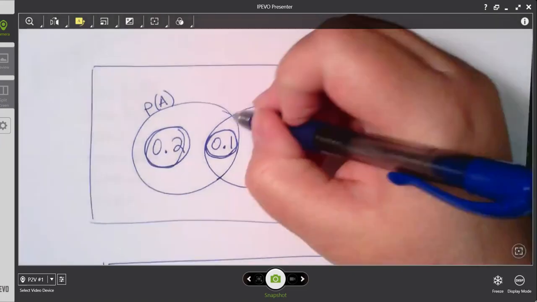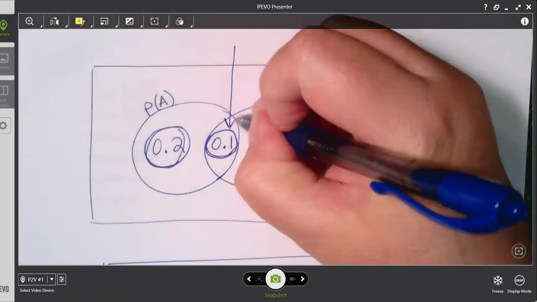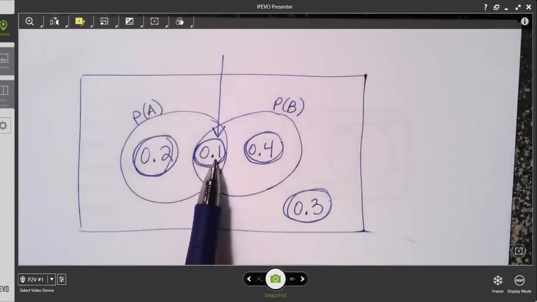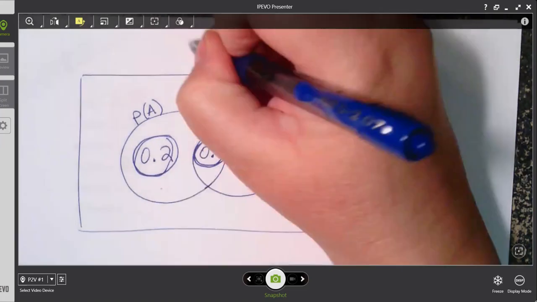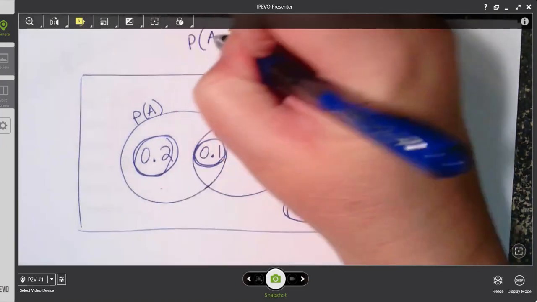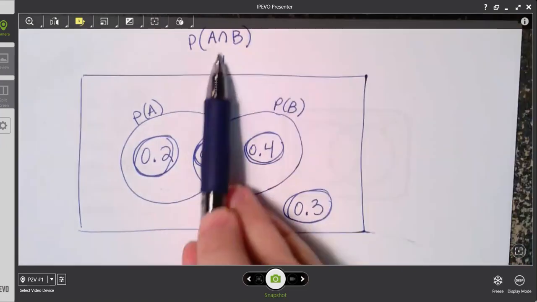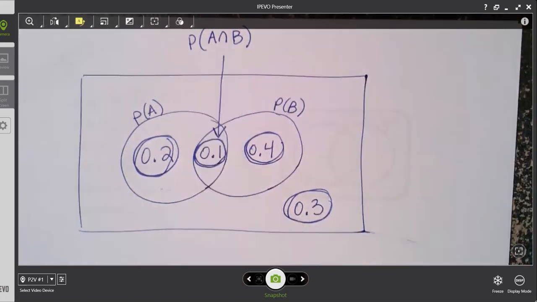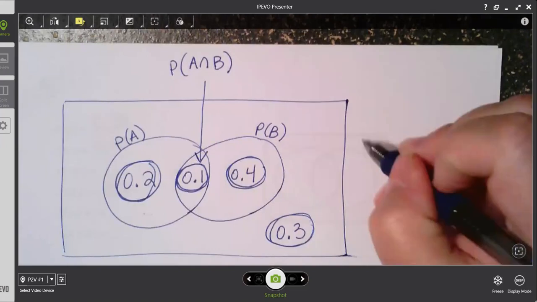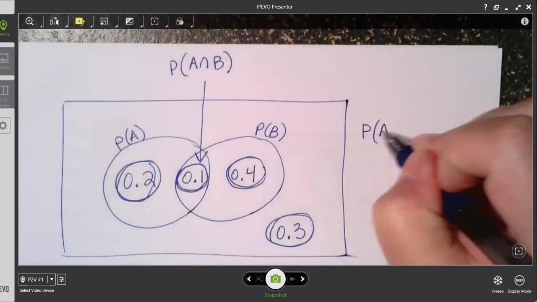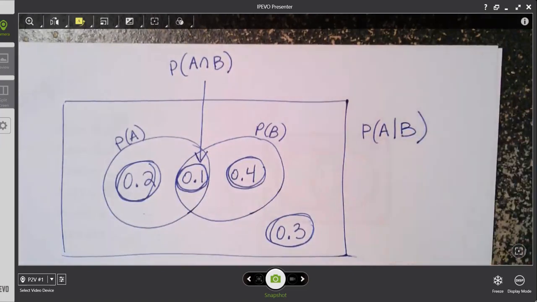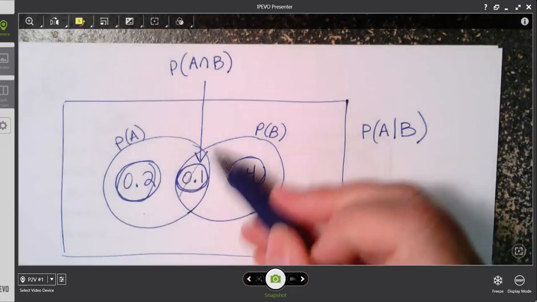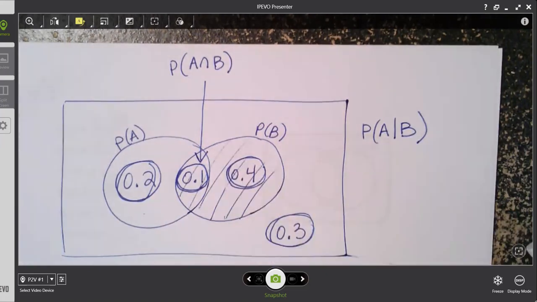This part in here, where they overlap, that's where things are both in A and also in B. So it's "and." So this is the probability of being in A and in B. It's the intersection or the overlap. Now, if I wanted to know the probability of being in A given that I'm in B, the "given that" tells me, okay, the ground rules are that it has to be in B. So that means only out of this circle am I thinking about.